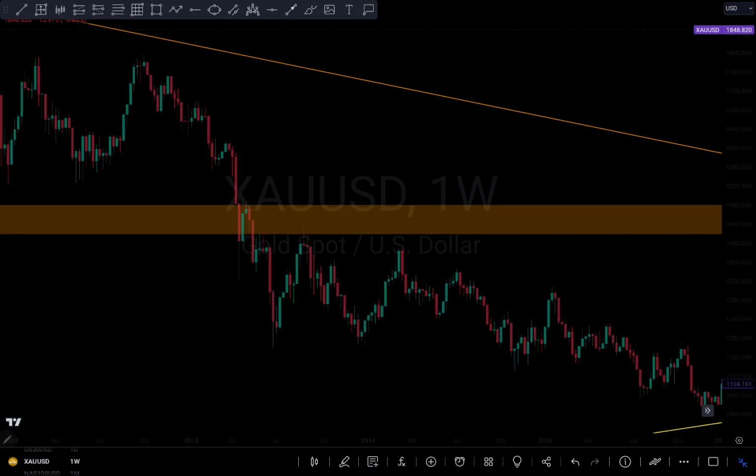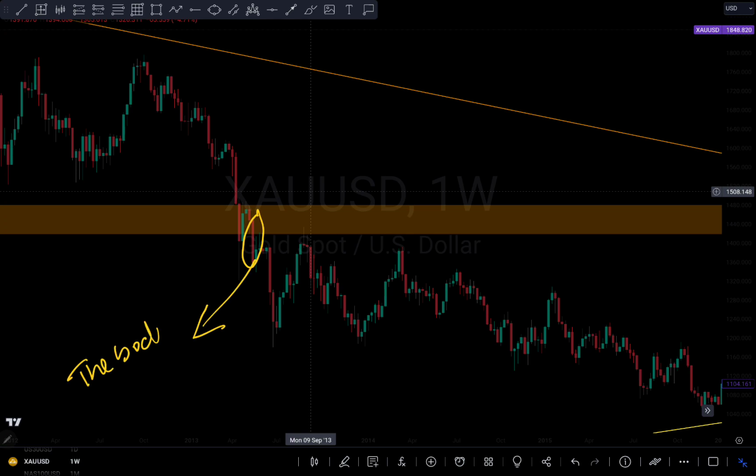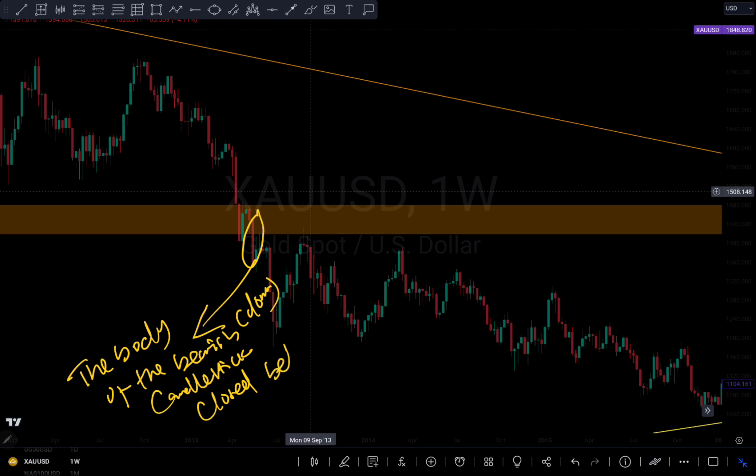We can see that this first candlestick was pushing down to break the zone. We saw this weak rejection. It didn't break the zone really well. Then this candlestick right here broke the zone. After breaking the zone, the body of the bearish candlestick closed below the zone.